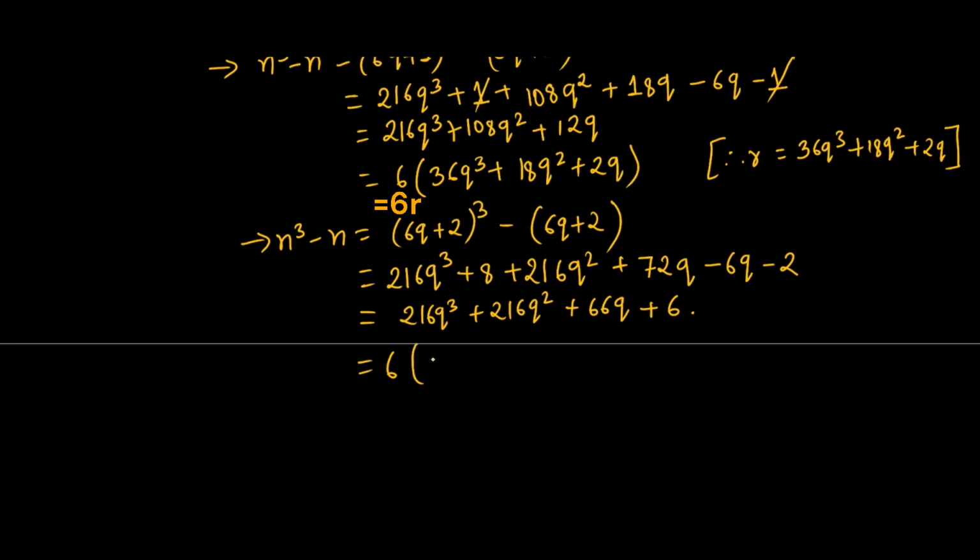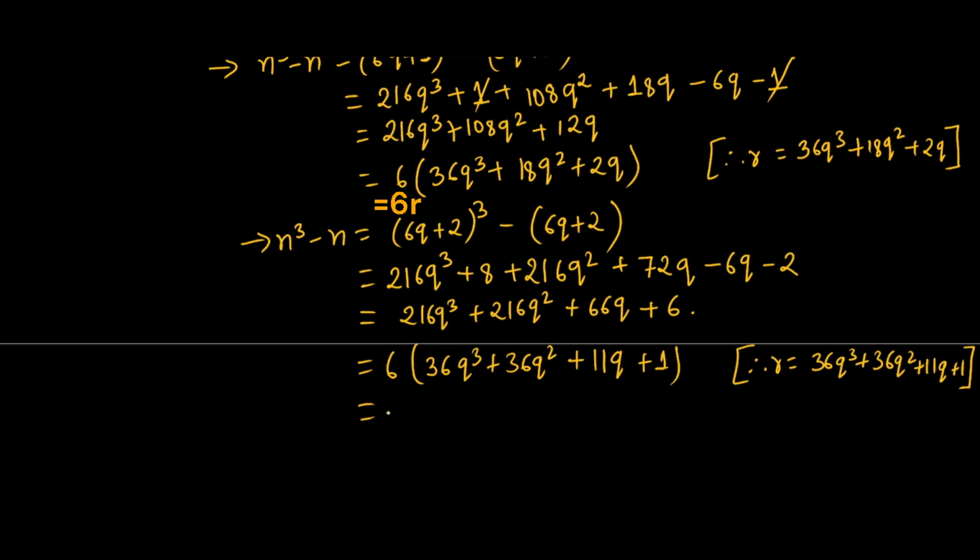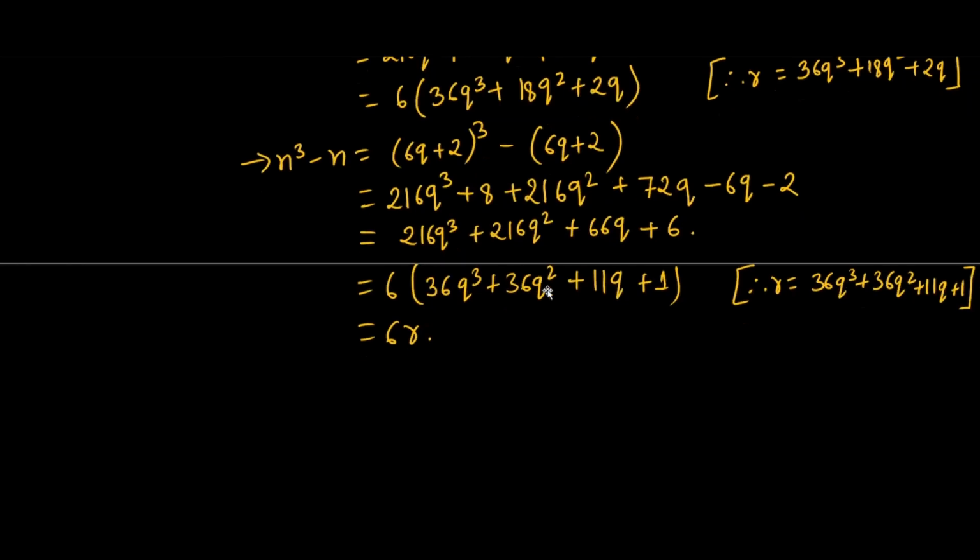So 36 q cube plus 36 q square plus 11q plus 1. So we will get r is equals to 36 q cube plus 36 q square plus 11q plus 1. So we are getting 6r. So moving towards next.